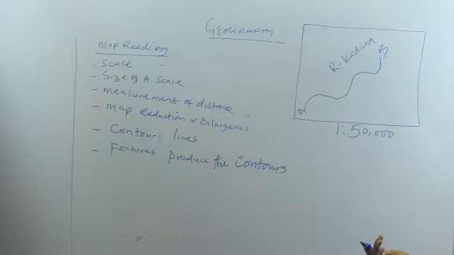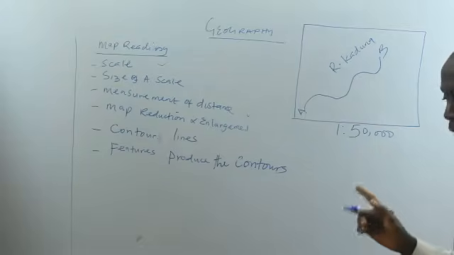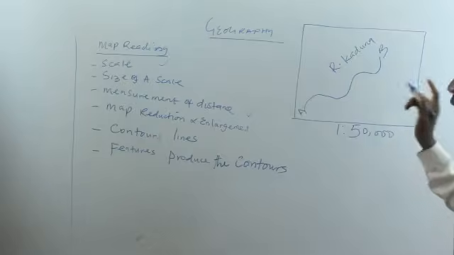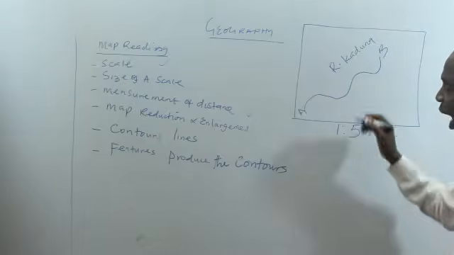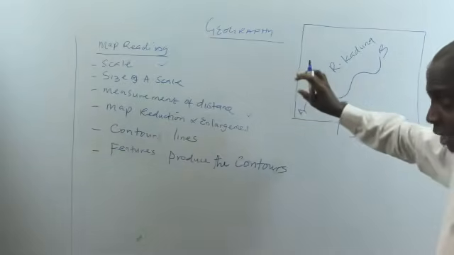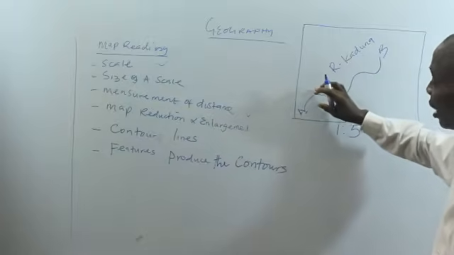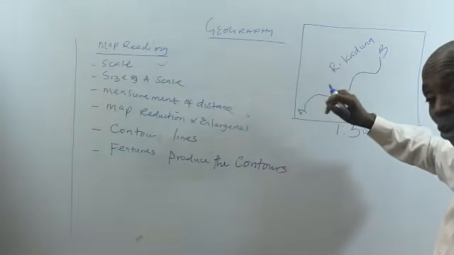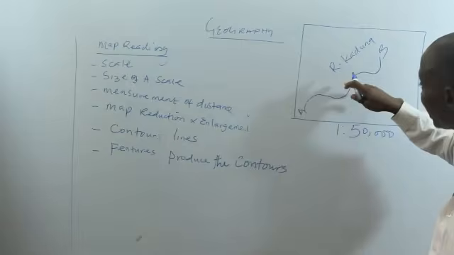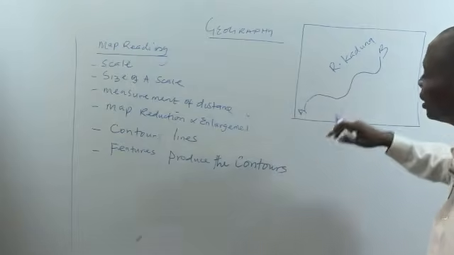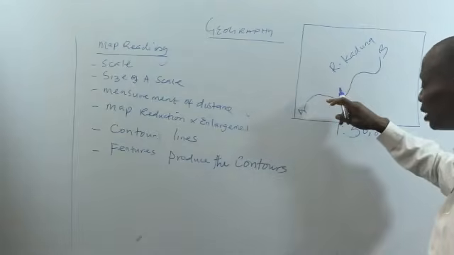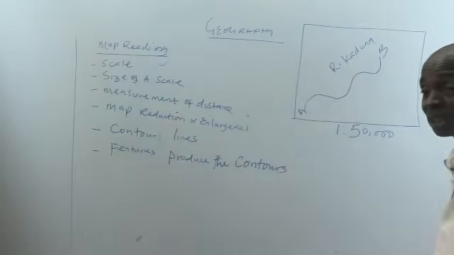That will be very simple for you, because they have given you the measurement already. But in a situation where you were not given the measurement, you are asked to use either a pair of compasses or a pair of dividers, and or your thread to take the measurement from here, then use the same measurement to do your conversion.